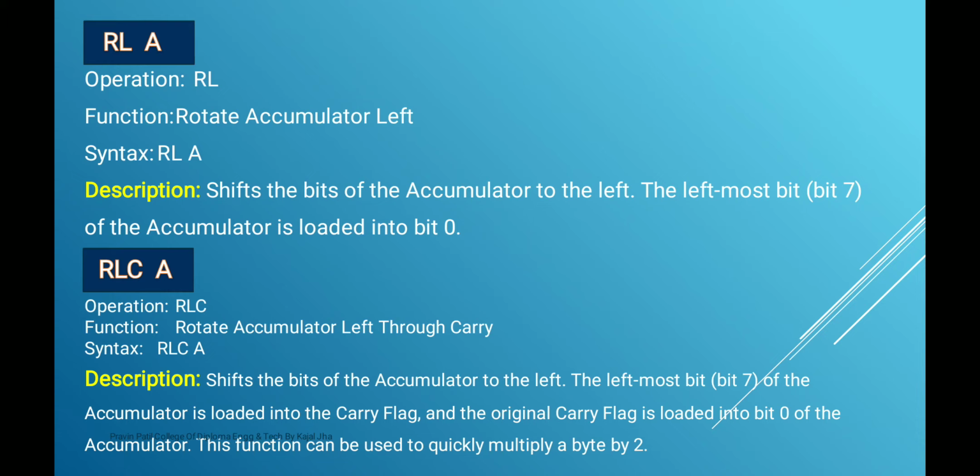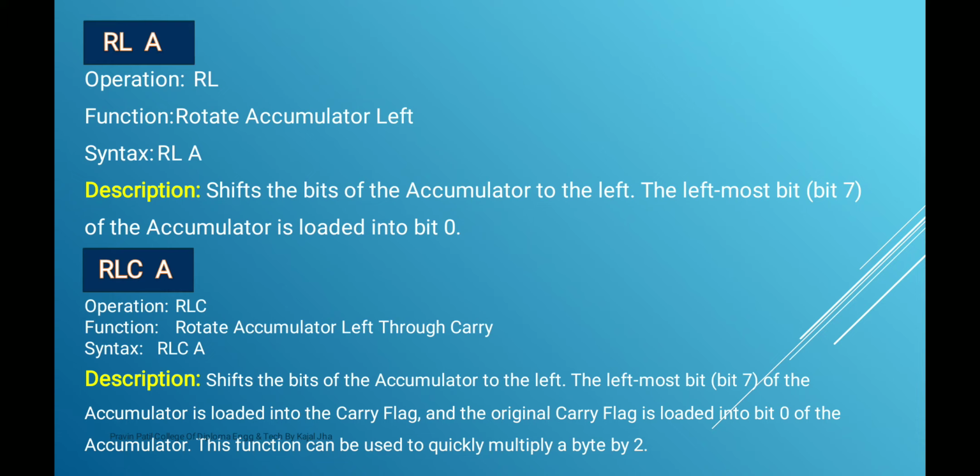This function can be used to quickly multiply a byte by 2. Bit 7 of the accumulator is loaded into the carry flag, and the original carry flag is rotated into bit 0 of the accumulator. This is nothing but the RLC operation.